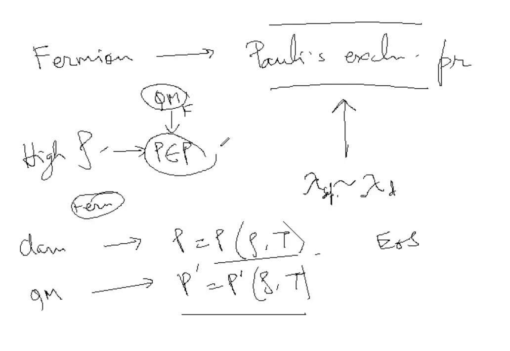Now let me talk a little bit more about the details of Pauli's exclusion principle. Pauli noted that particles with spin half, that means n over 2 where n is an odd number, follow different statistics. And what statistics is that?